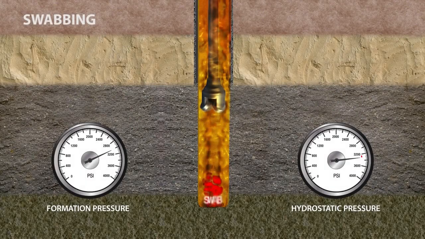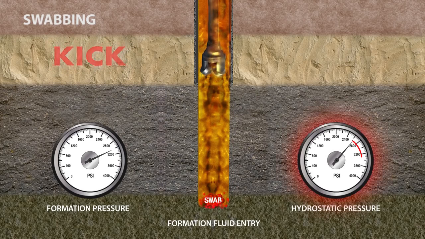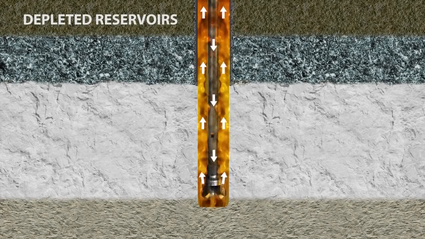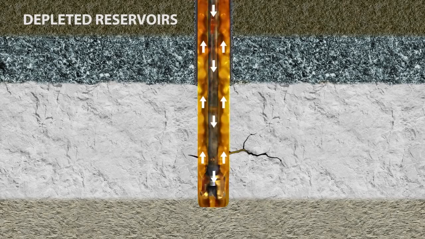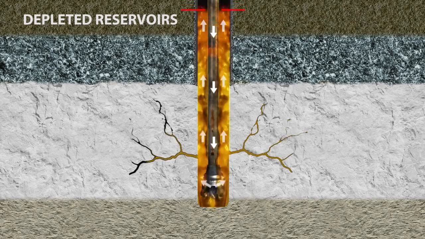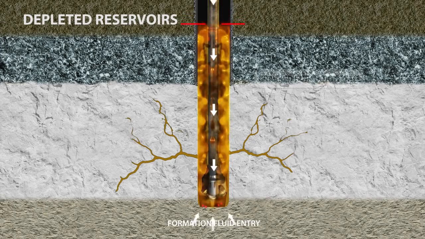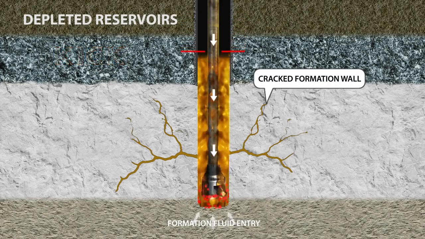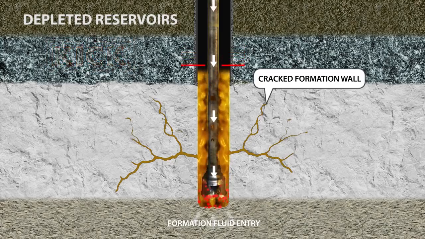Swabbing while pulling out of the hole too fast can produce a suction effect, resulting in a decrease in the bottom hole pressure large enough to allow formation fluids to enter the wellbore, creating a kick. When drilling takes place too fast and into depleted reservoirs without proper reinforcement, it can lead to cracking in the walls and thus losing fluids into the formation, inducing a kick.